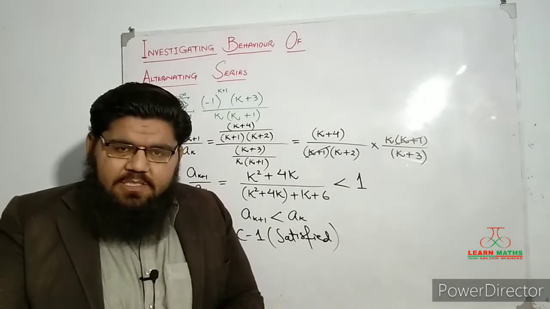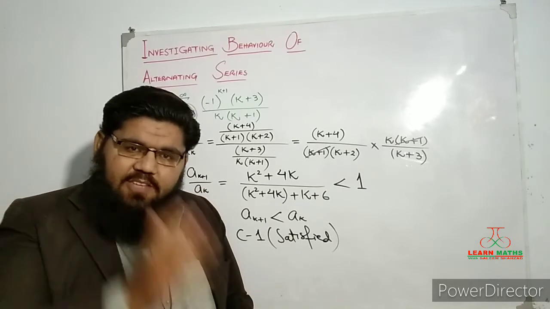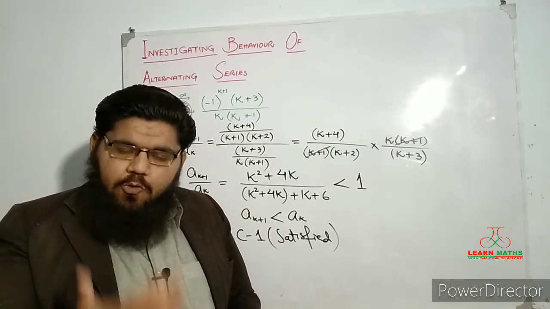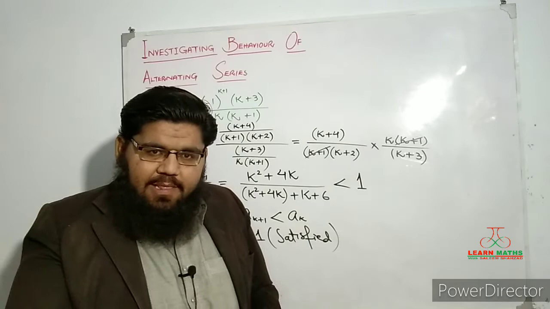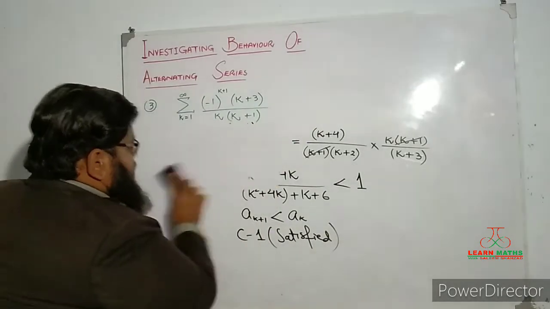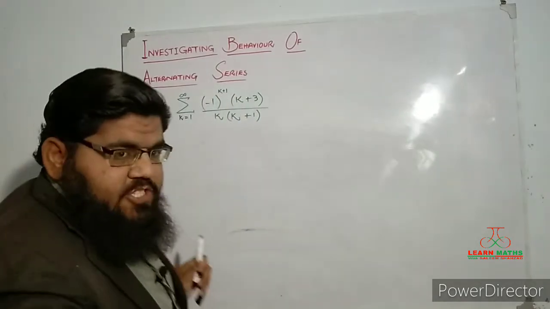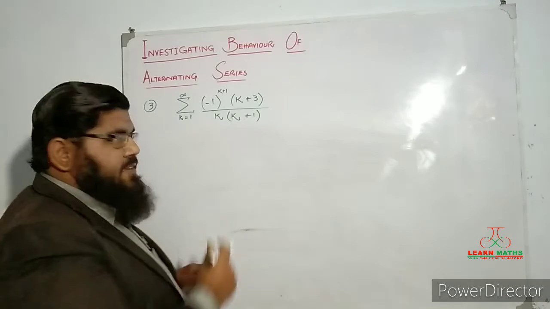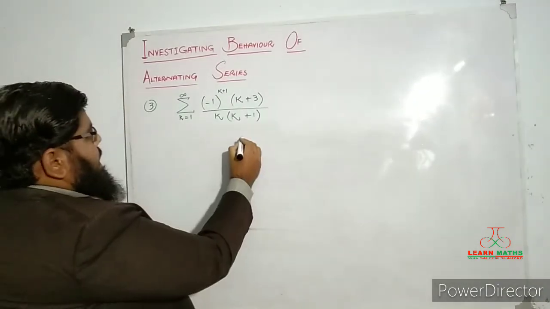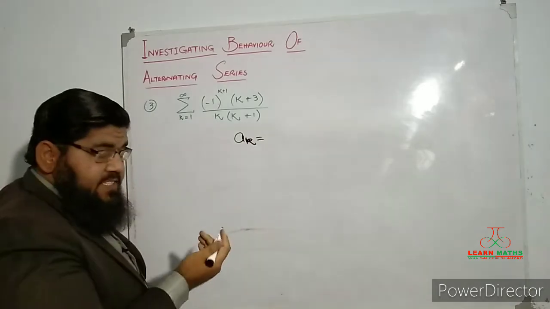So what is left for us? We need to check only whether the limiting value of the series terms is approaching 0 or not. Let's see how it will behave. The general term of the series is a_n, or you can call it a_k because we are using the index k.